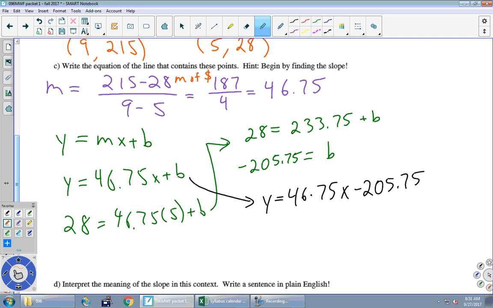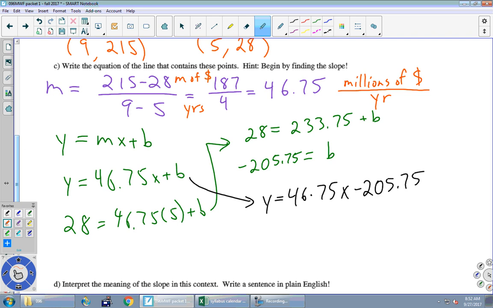That was years, right? 2009, 2005. So that means that my slope, the final number 46.75, the units are millions of dollars per year. $46.75 million per year. Something was changing at $46.75 million per year.